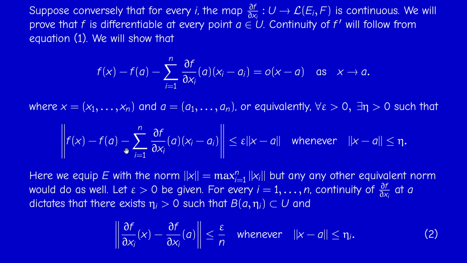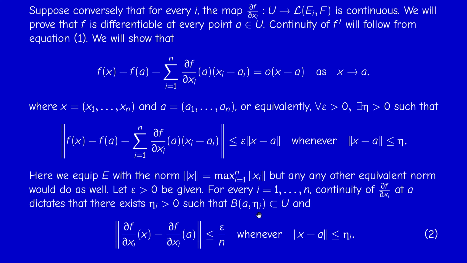Now we rewrite this difference in this way. The eta will be the minimum, the smallest of the numbers eta 1, eta 2, up to eta n. It will be clear why I chose this.